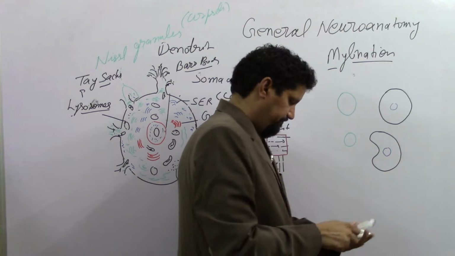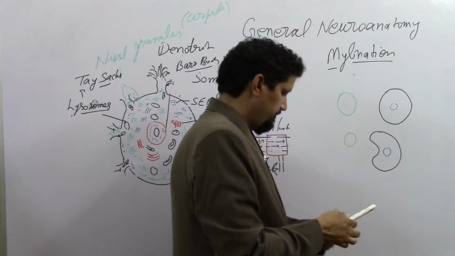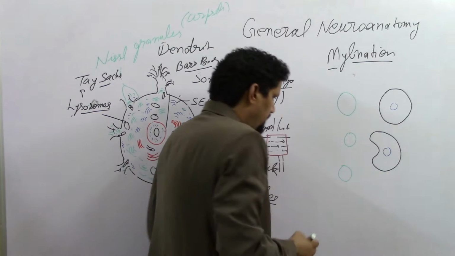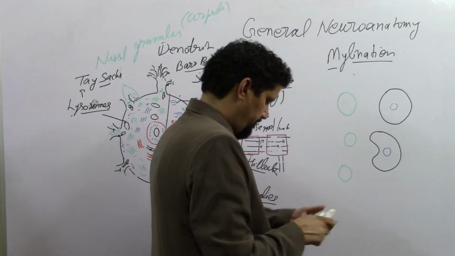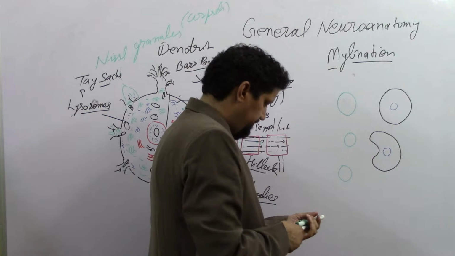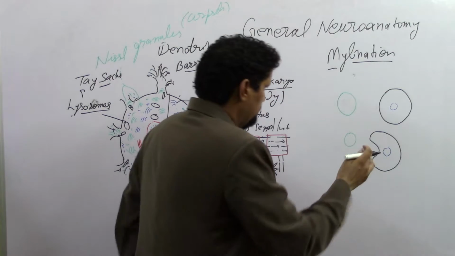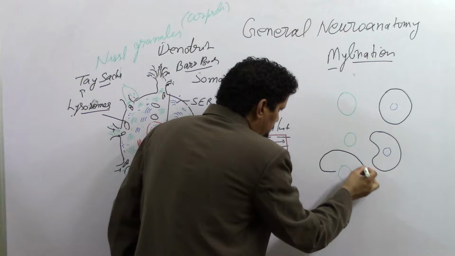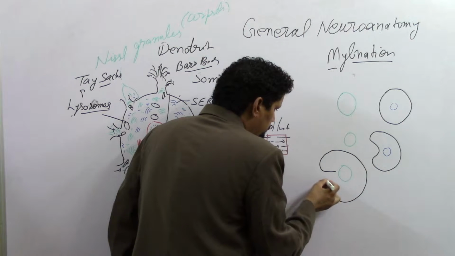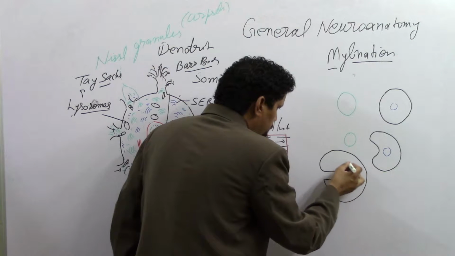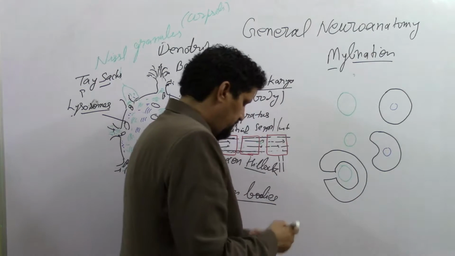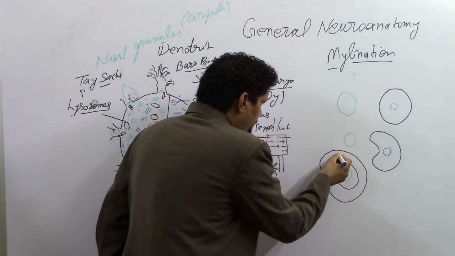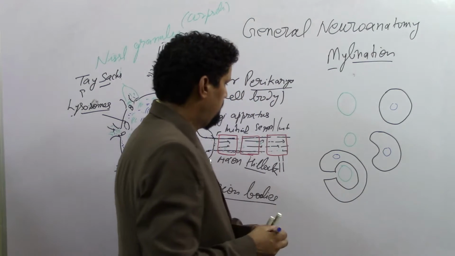In the next stage, this axon will be engulfed by this Schwann cell like this. And here is the nucleus of the Schwann cell.